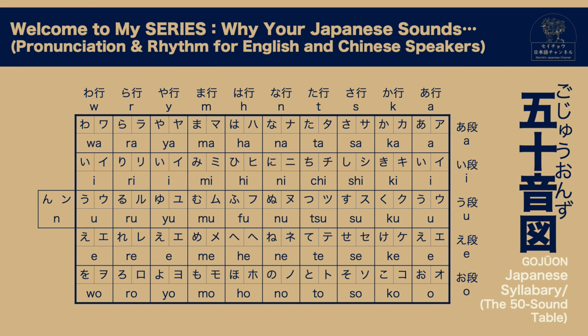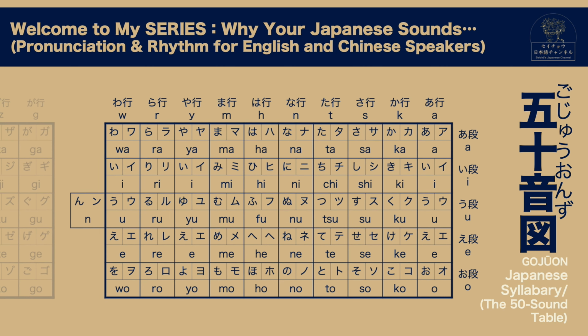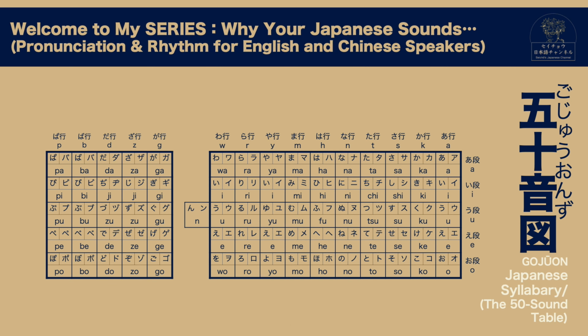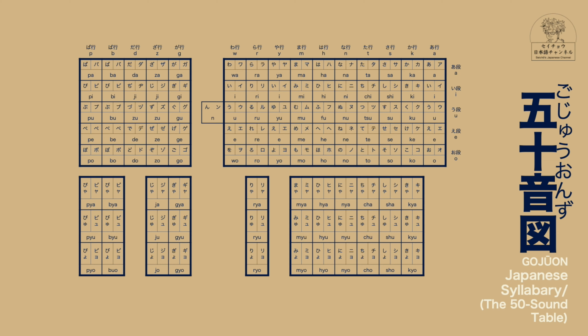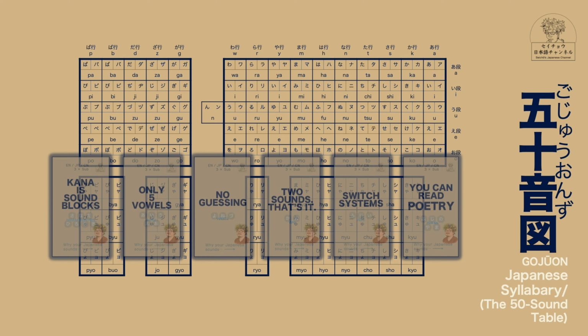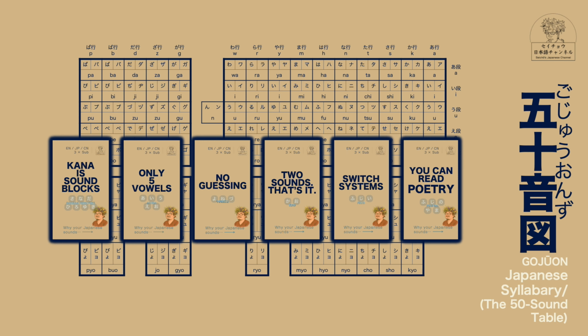It actually covers over 100 basic, very systematic syllables in modern Japanese. It may look overwhelming at first, but once you understand how it works, you'll see that Japanese pronunciation is surprisingly simple. If you were curious why I say that, you can click the video link on your screen.